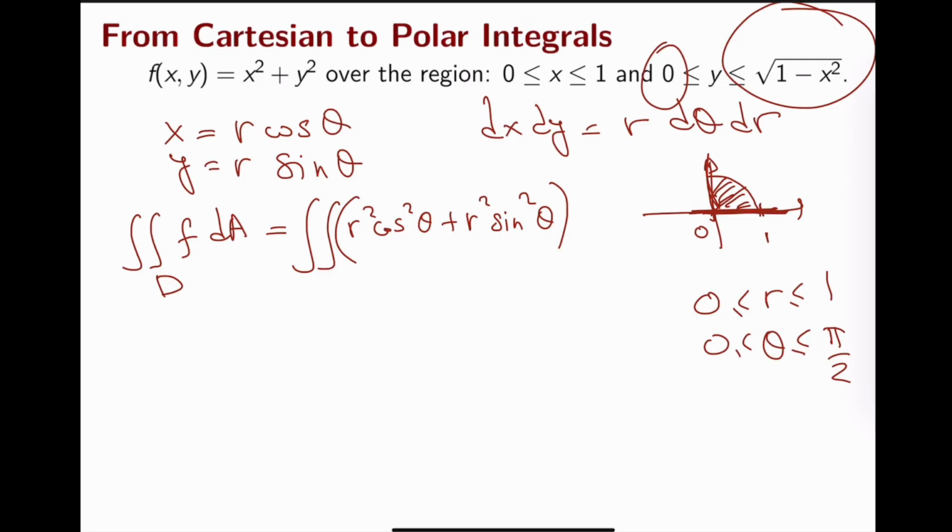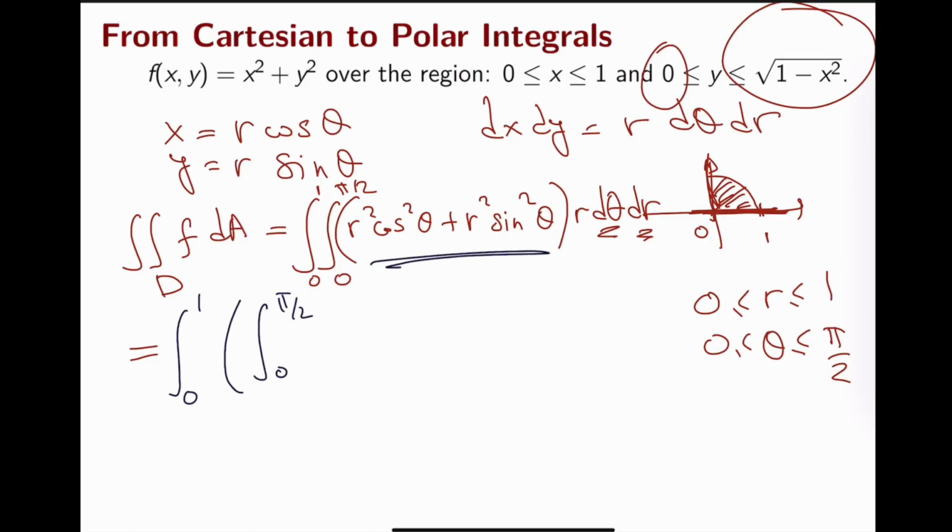And then we write the r and the d theta dr. And so the variation of the angle, as we said before, is between 0 and pi half, and the variation of r will be between 0 and 1. So the integral between 0 and 1, we leave it for the end, and we are going to do the integral between 0 and pi half.